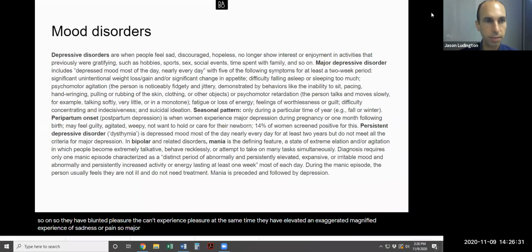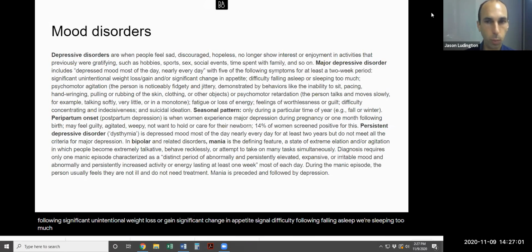So major depressive disorder is one such mood disorder. It includes depressed mood for most of the day, nearly every day, with 5 of the following symptoms for at least a 2-week period. So if people have any 5 of the following: significant unintentional weight loss or gain, significant change in appetite, difficulty falling asleep or sleeping too much.